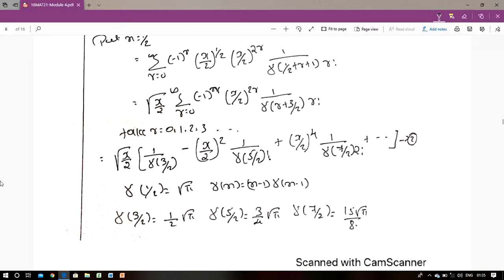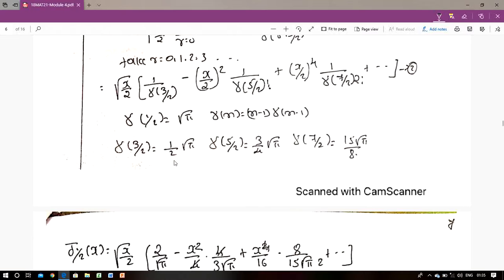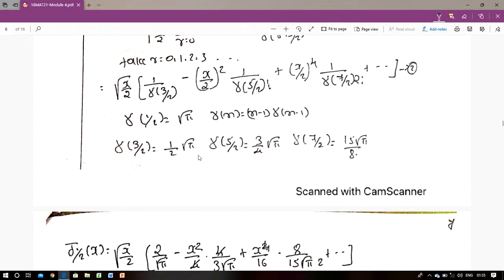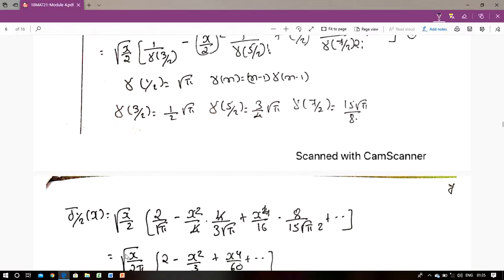But we know the standard results: gamma of 1 by 2 value root pi, gamma of 3 by 2 value 1 by 2 into root pi, and gamma of 5 by 2 value 3 by 4 into root pi. All these three values are put in this equation number 2. That is, J of 1 by 2 of x is equal to root of x by 2, 1 by gamma of 3 by 2.